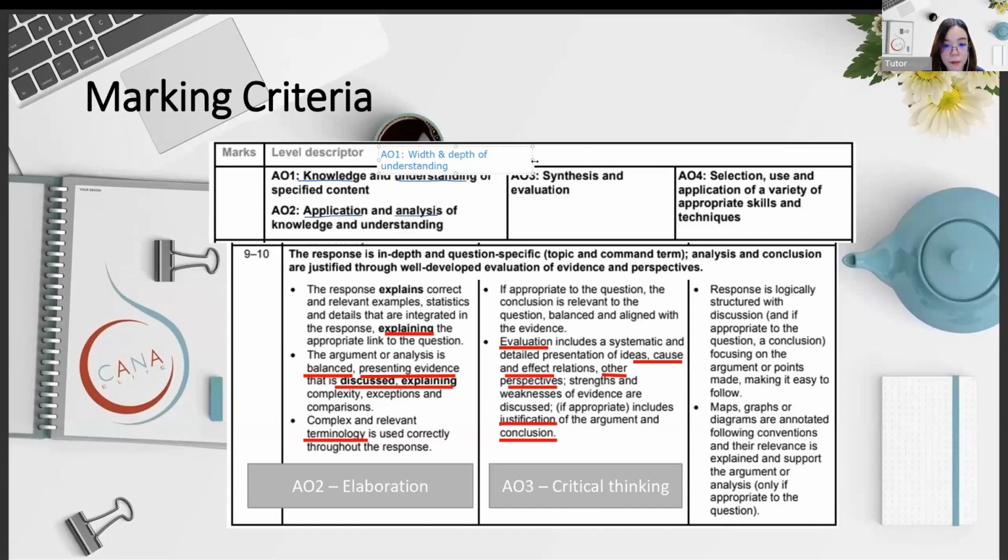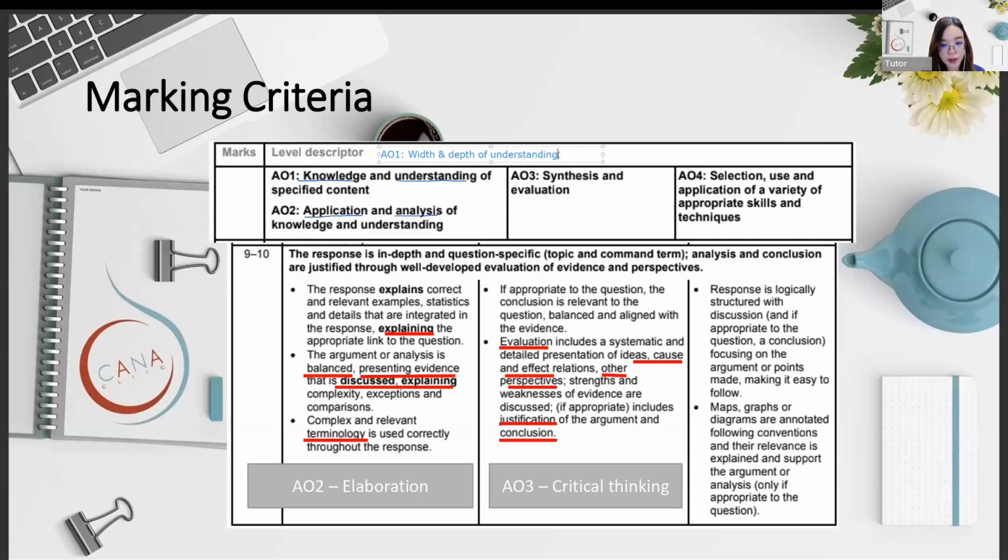That means if I'm asking you to explain the causes of climate change, for example, compared with some average students, if you are a high-performing student, you should be able to tell me that there are 5 factors that contribute to climate change, and among these 5 factors, there are physical and also human factors that would lead to climate change. That's what I mean by width and depth of understanding.